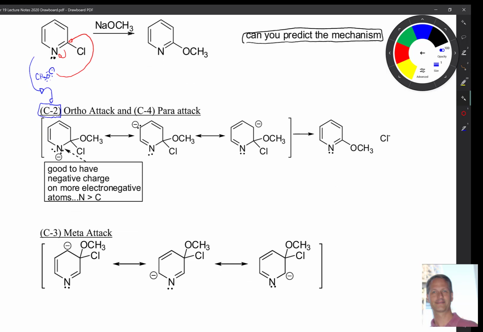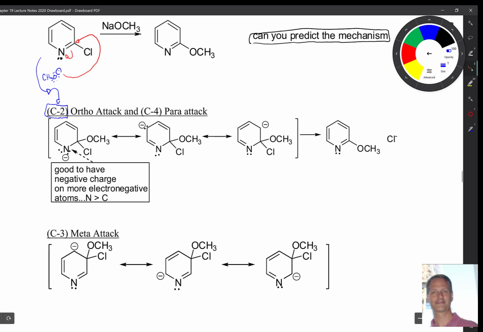Now, remember for NAS, the nucleophile attacks our ring, and that leaves a negative charge on the ring. Unlike EAS, which leaves a positive charge on the ring, NAS leaves a negative charge on the ring. Here, it's better to have that negative charge on nitrogen because nitrogen is greater in electronegativity than carbon.